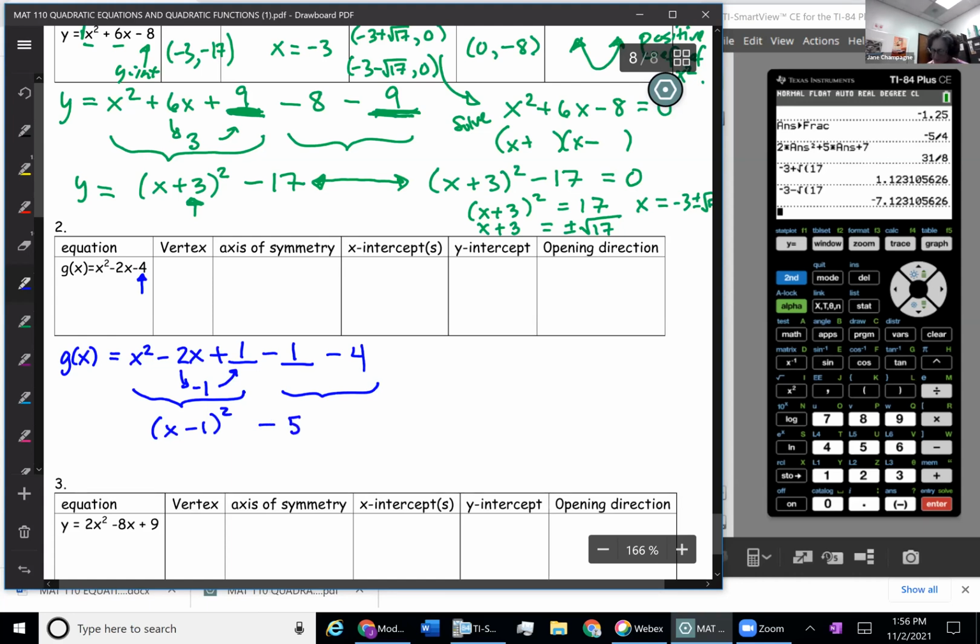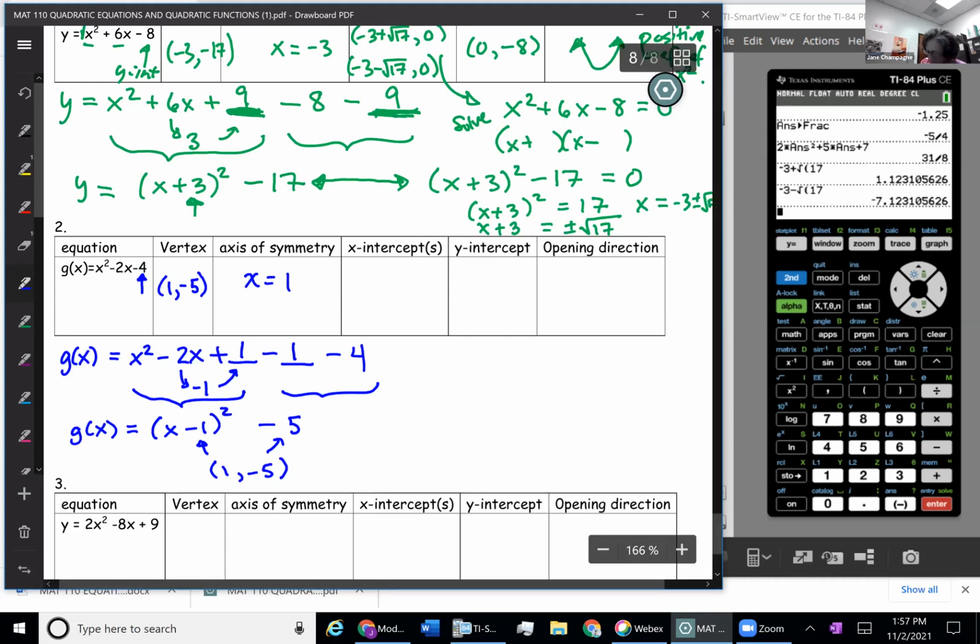And there's your vertex form. So the vertex is the opposite of this number together with this number: +1, -5 is your vertex. The axis of symmetry is x equals 1.